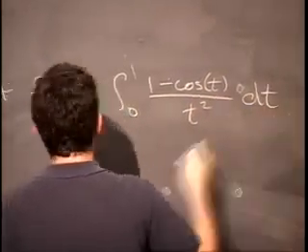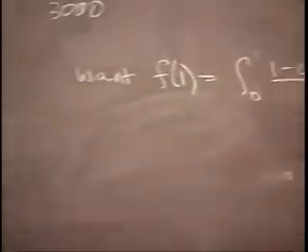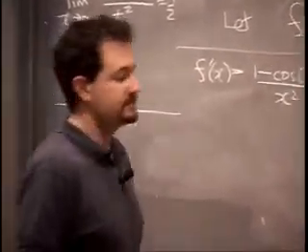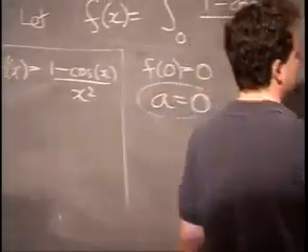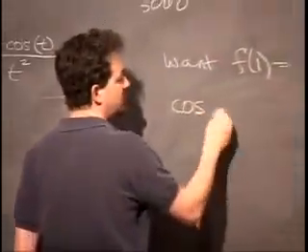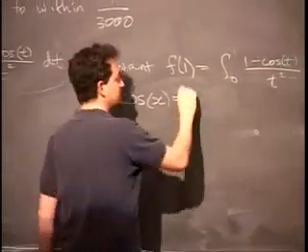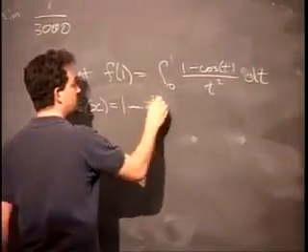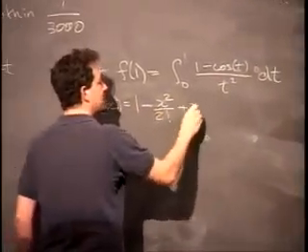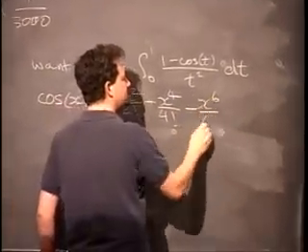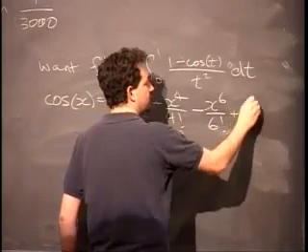Now, I'm going to jump the gun just a little bit. I'm going to give you a formula that's similar to the one for e to the x. Cosine of x also has a series, and it looks like this: 1 minus x squared over 2 factorial plus x to the 4th over 4 factorial minus x to the 6th over 6 factorial, and so on.